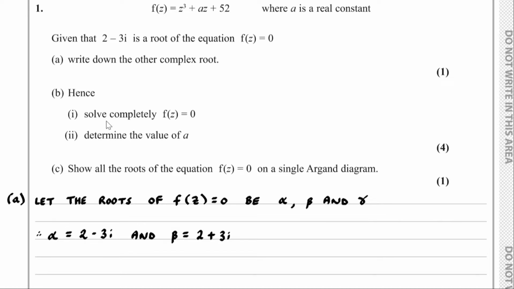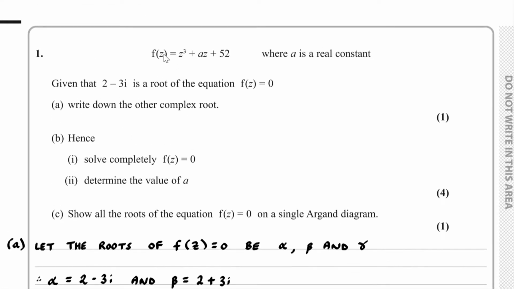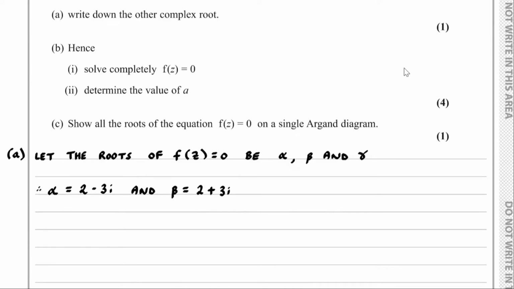For part B, for the first part, we have to solve completely f of z equals 0. Well, we have f of z equaling 0, which means z cubed plus az plus 52 equals 0.